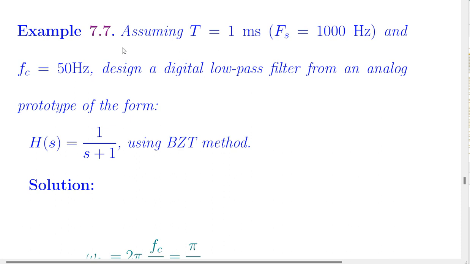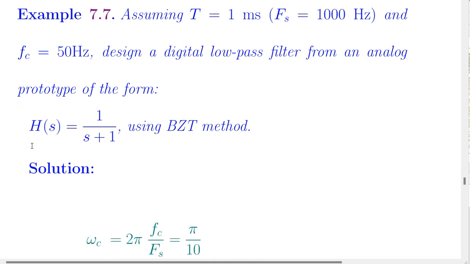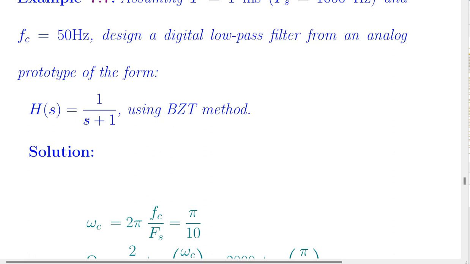Now, just modeling what we mentioned. Example 7.7. Assuming that Ts is equal to 1 millisecond, or 1 kHz as the sampling frequency, and fc being equal to 50 hertz, design a digital low-pass filter from an analog prototype of the form Butterworth of degree 1, H(s) equal to 1 over s plus 1, using this time the BZT method.